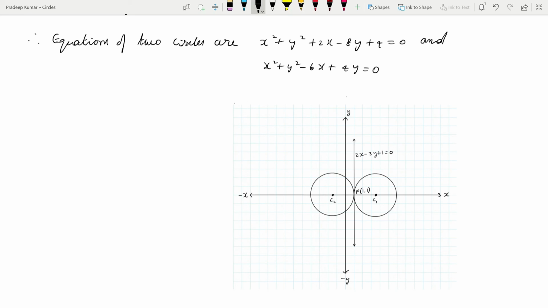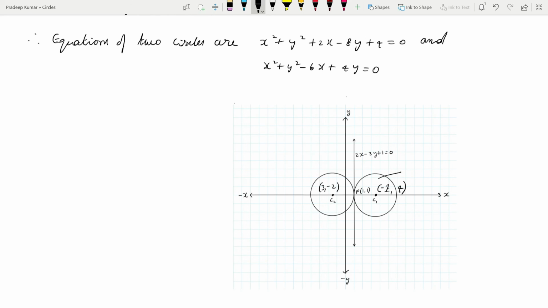The first center we got as minus 1 comma 4, and the second circle center we got as 3 comma minus 2. By using these we even found the equations of the first circle and second circle.